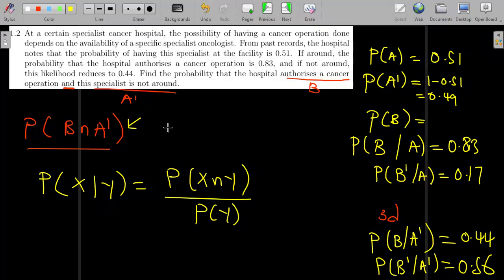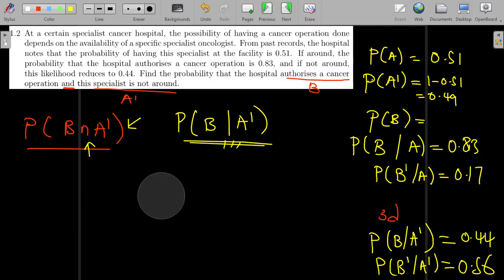To get this probability, we are going to use the conditional probability that the operation is authorized, given that the specialist is not around. But this expression can also be made into this form. So let's put it in that form.